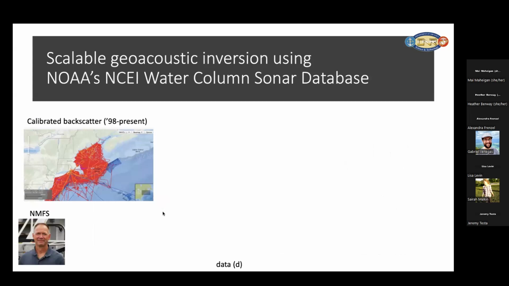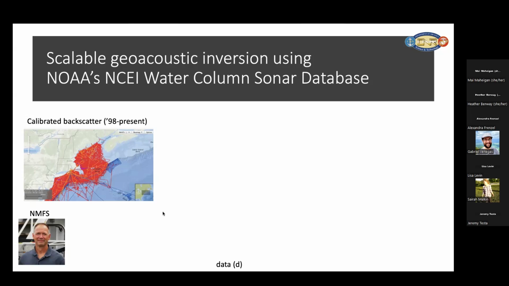Okay, so scaling in space and time. There is a massive water column sonar database, that's mostly NOAA fisheries going out and counting fish. They need to count fish and figure out what kind of fish is out there, so they calibrate all of their echo sounders every time. It's really nice for sediment inversion.